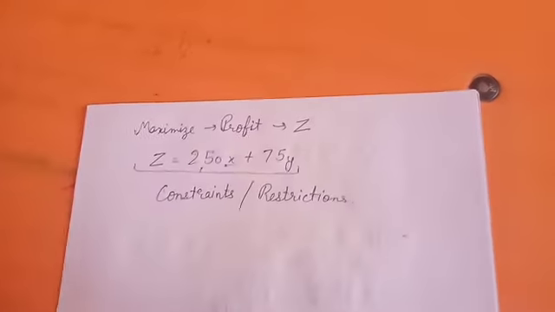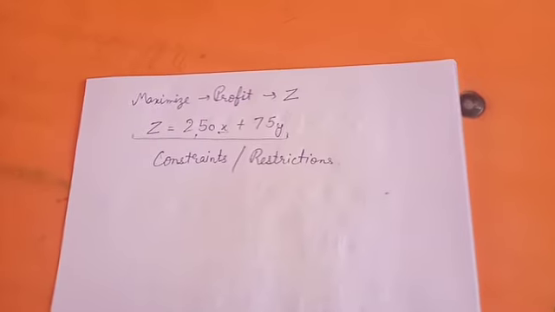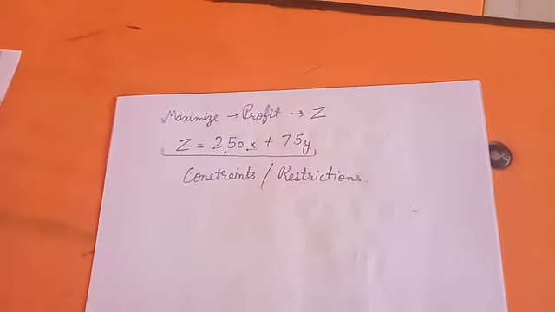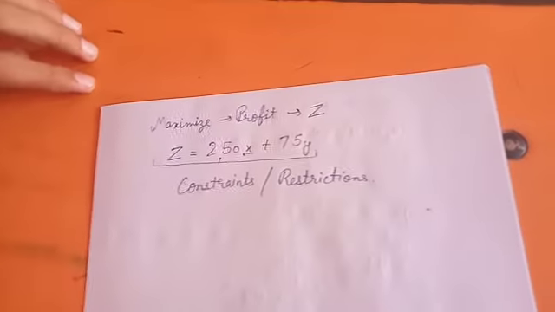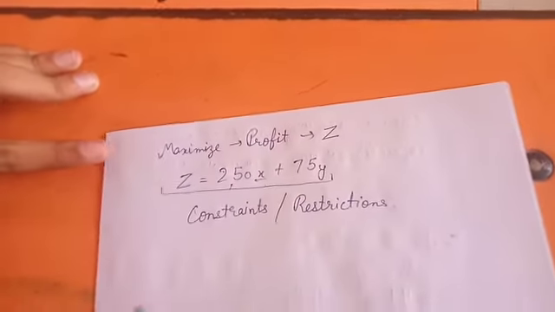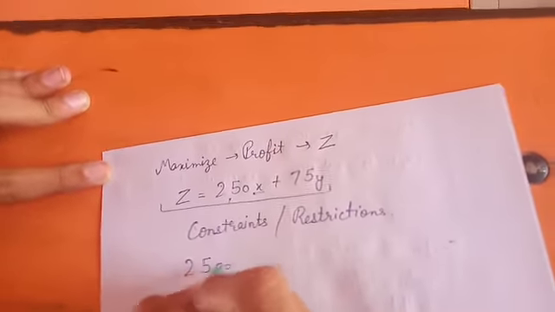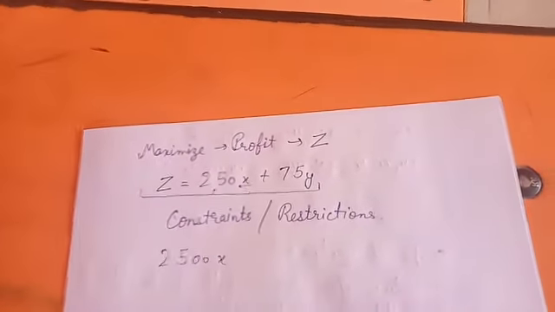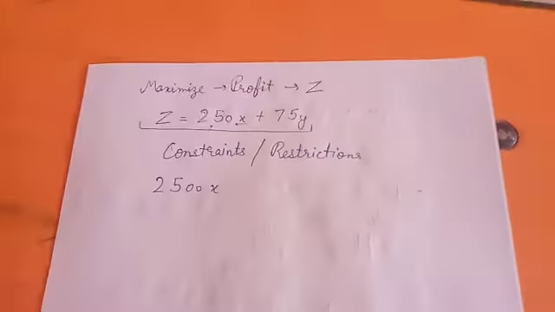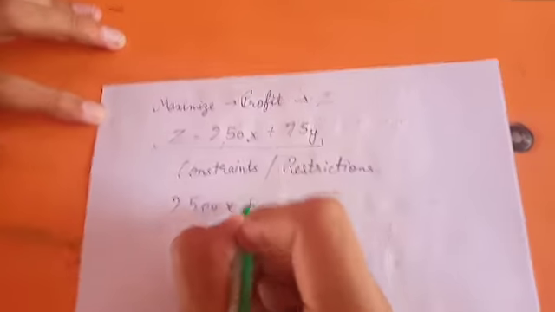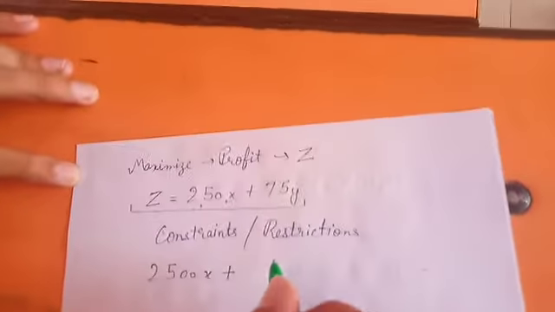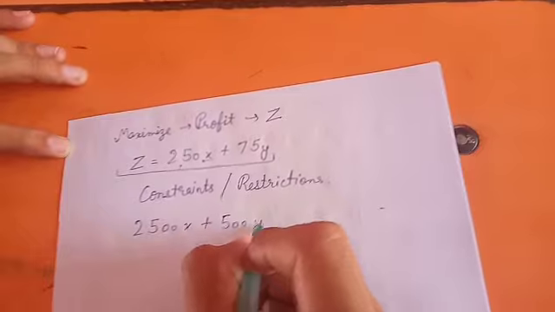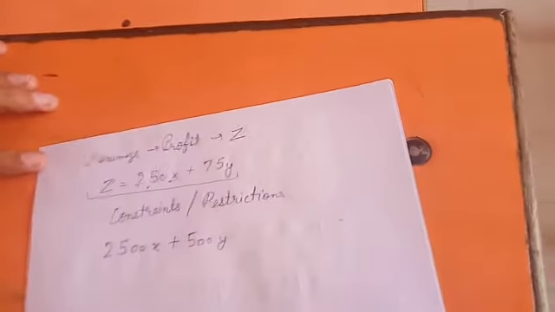Now how will we represent these restrictions? Cost of one table is 2500, so x tables cost 2500 into x, plus the cost of each chair is 500, so y chairs cost 500 into y.